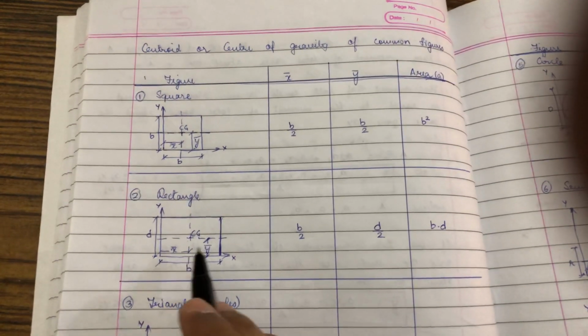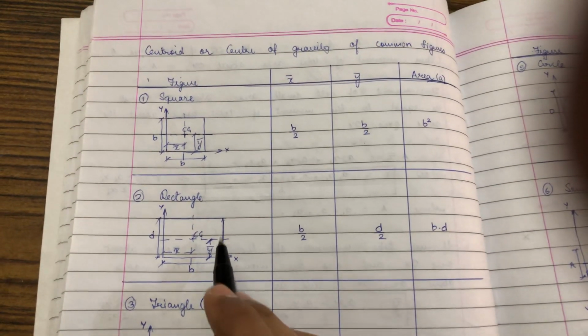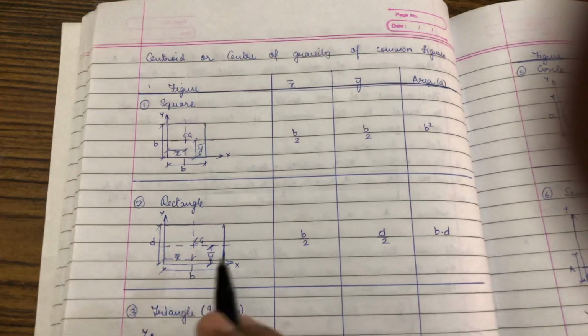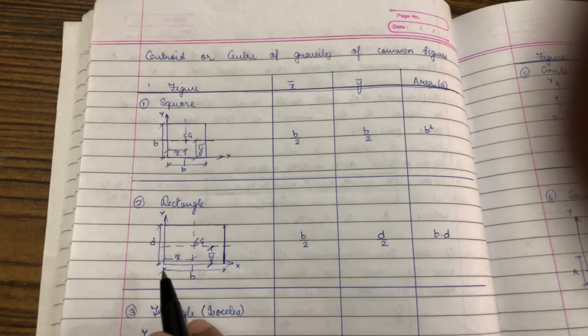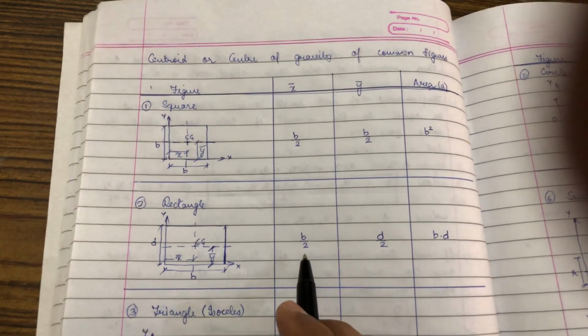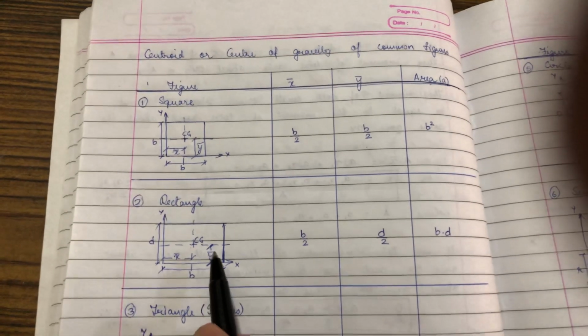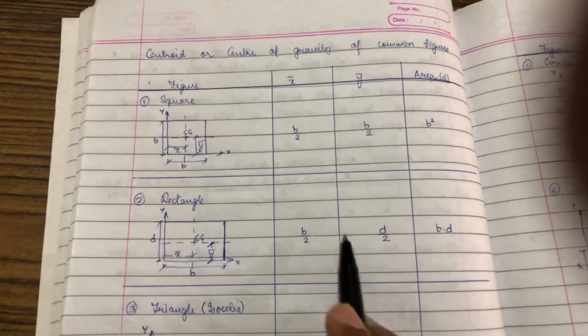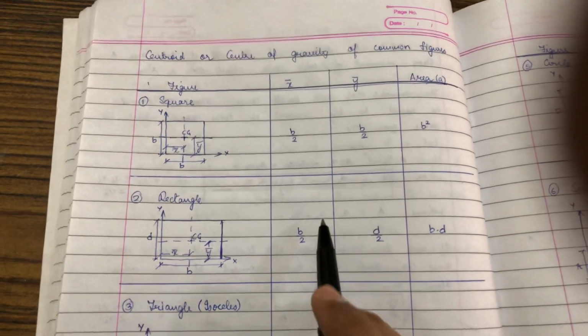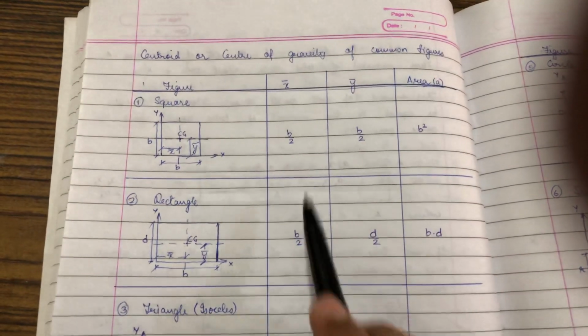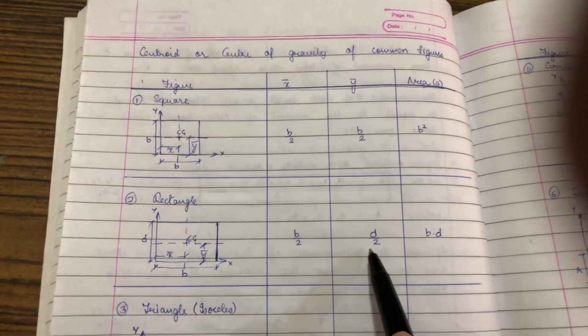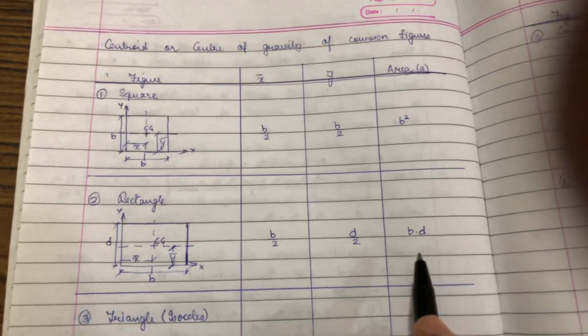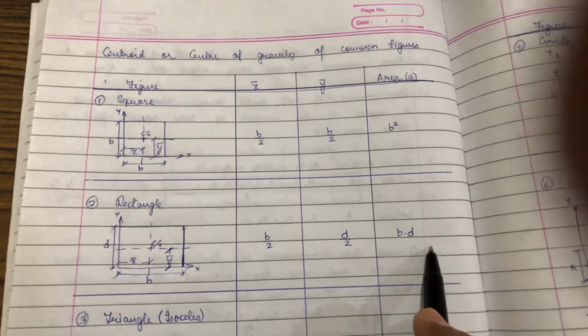X bar is this one and y bar is this one. So x bar will be equal to b by 2 because this is b. It will act at half of b. So x bar will be equal to b by 2 and y bar will be equal to d by 2. So this is the centroid of a rectangle. X bar is b by 2 and y bar is d by 2. And what is the area of a rectangle? It is b into d.